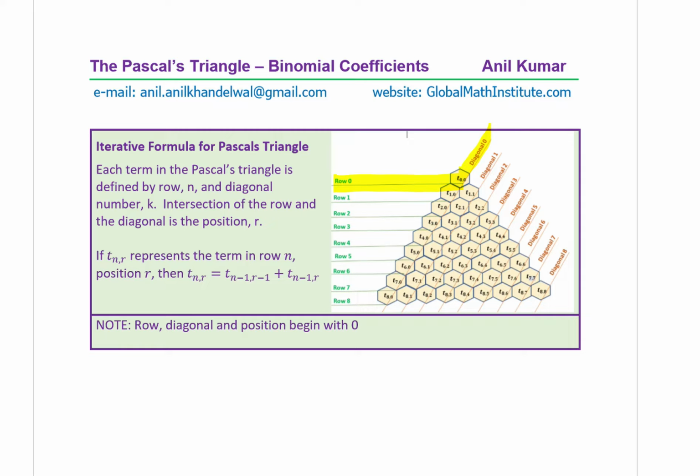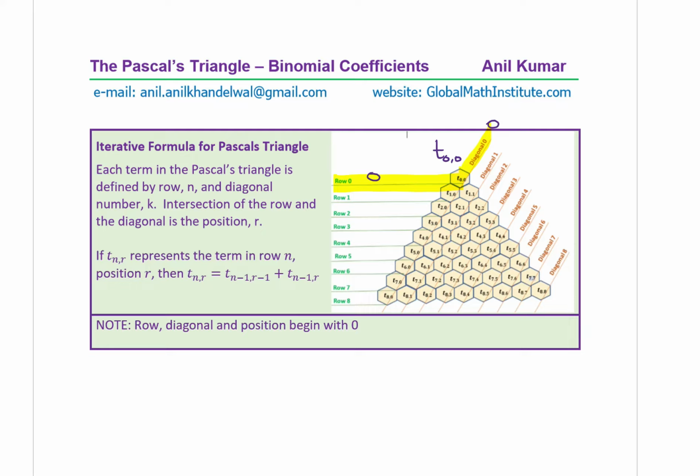And you'll notice that both row number and the diagonal number begin with 0, not by 1. So row 0 and diagonal 0. So the very first element here, which is called the term number, will be T00. So that is how you write it. So that is how you get each and every term inside the triangle.